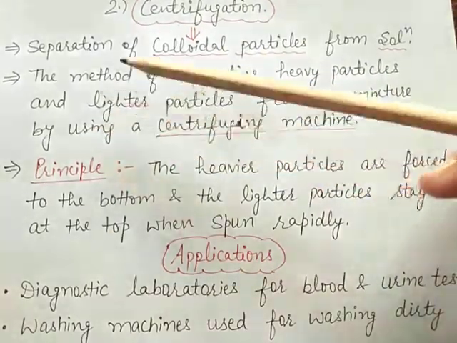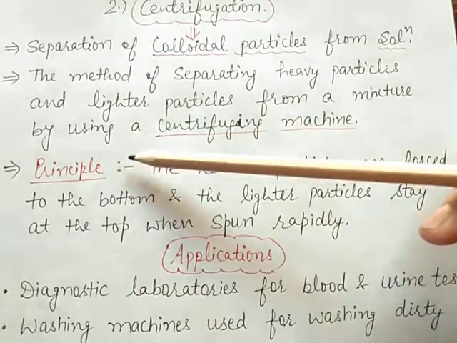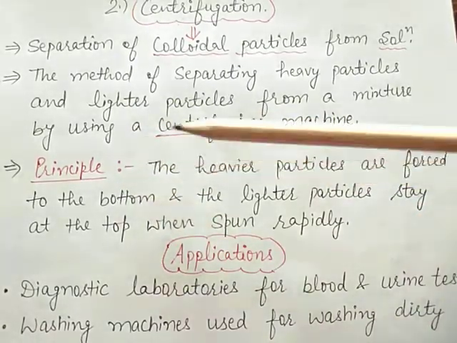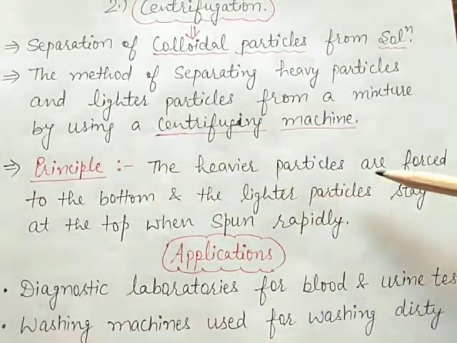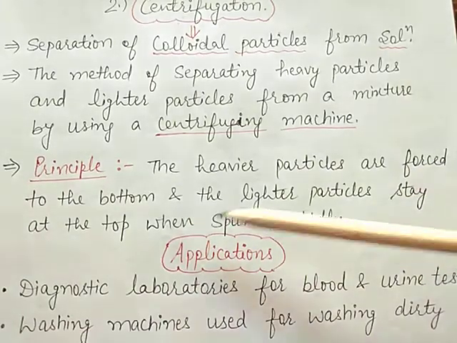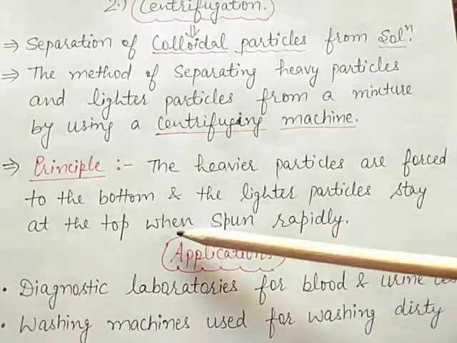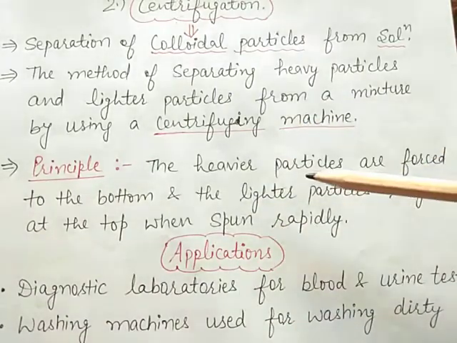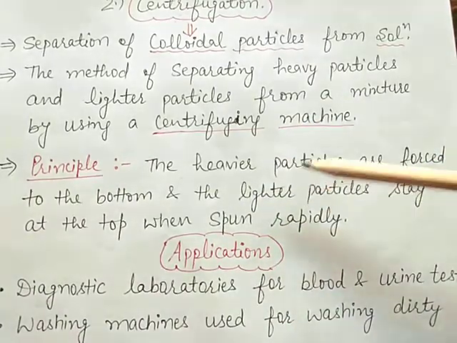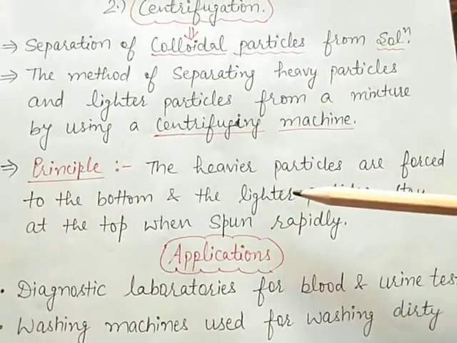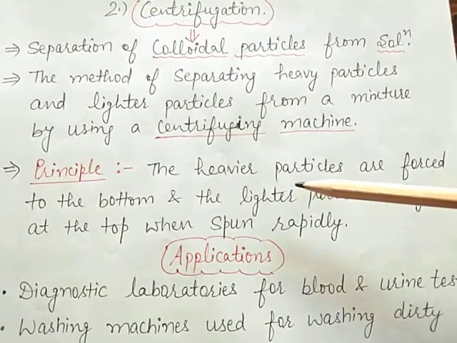What is the principle of this method? The heavier particles are forced to the bottom and the lighter particles stay at the top when spun rapidly. It is just like the dryer of a washing machine.